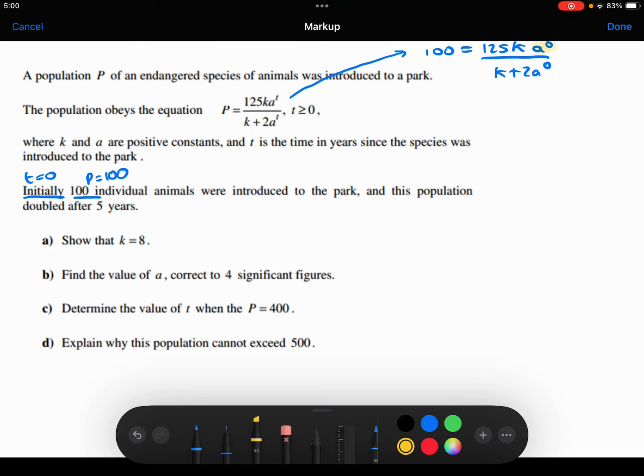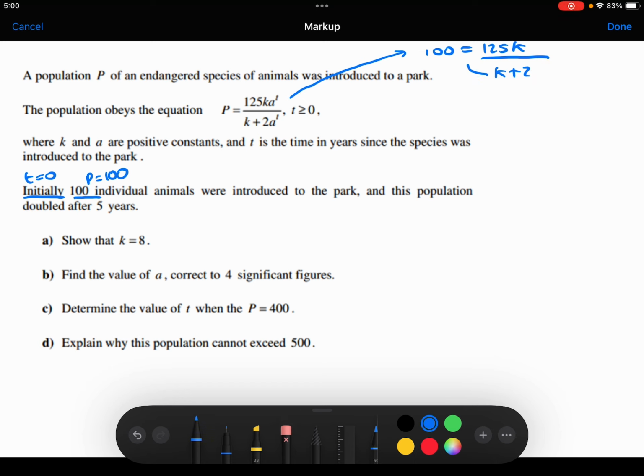Now, a to the power 0, we know that anything to the power 0 is just 1. So our numerator becomes 125k times 1, and our denominator becomes k plus 2 times 1.